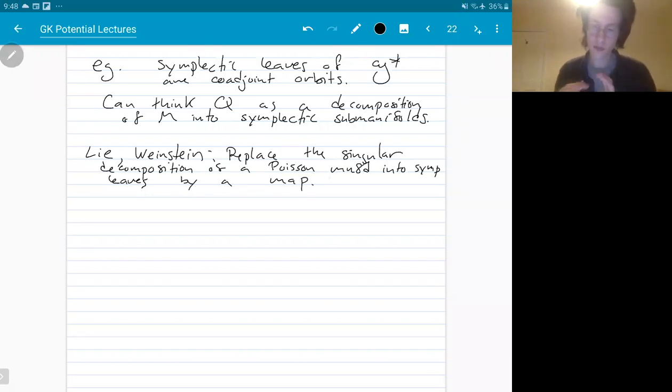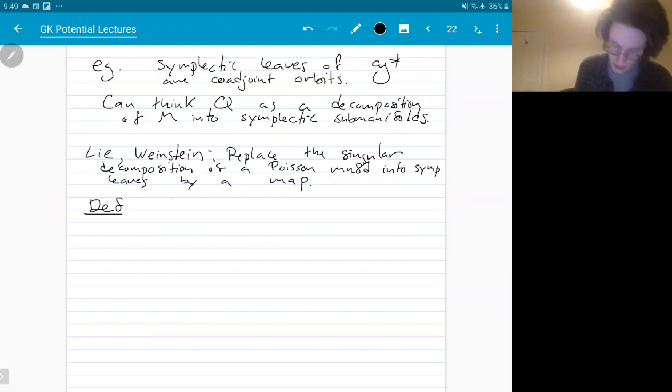And so all of the singular structure of the leaves gets encoded instead in the singularities of a map. So this is the notion of a symplectic realization.